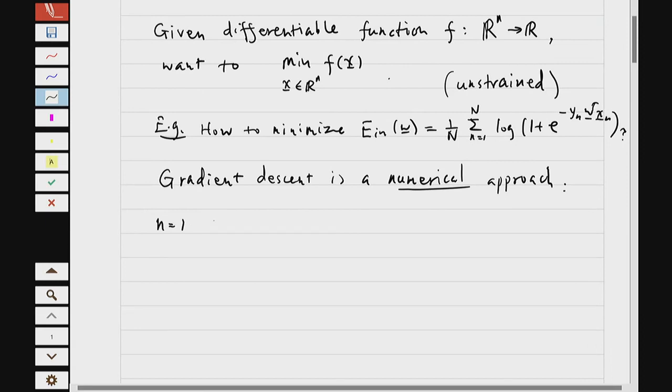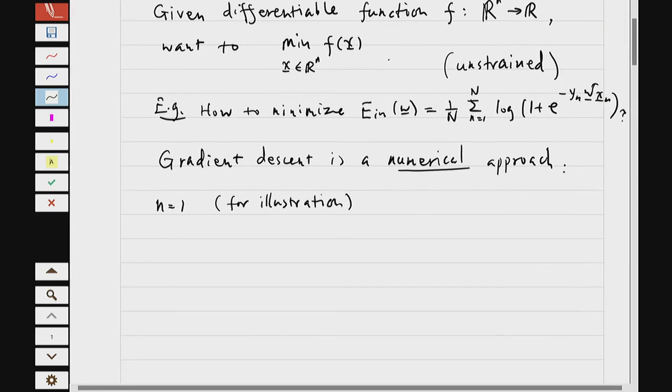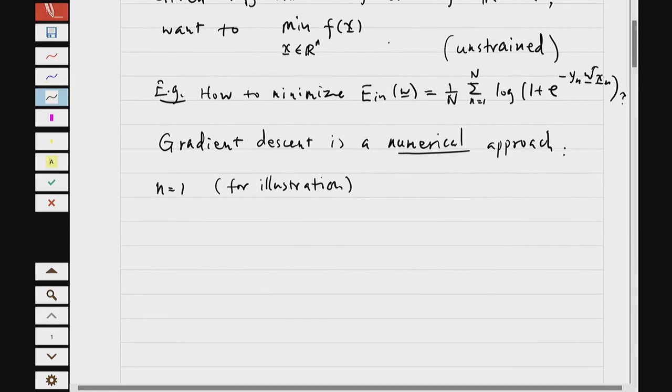Just for the purpose of illustration, let's look at the case of n equals 1, the one-dimensional case. Therefore x is in R. In that case, we don't have a vector x, just a single x. And then we know that we can take the derivative of this function, that is df/dx of x, like that.